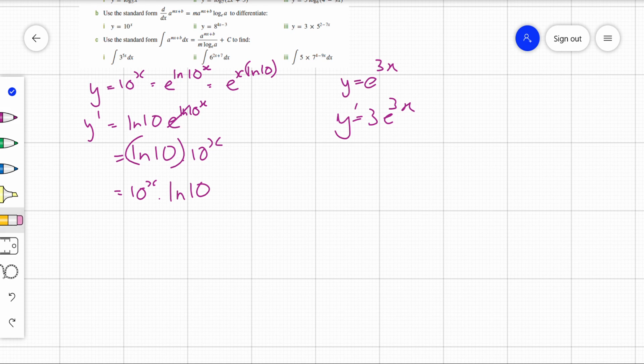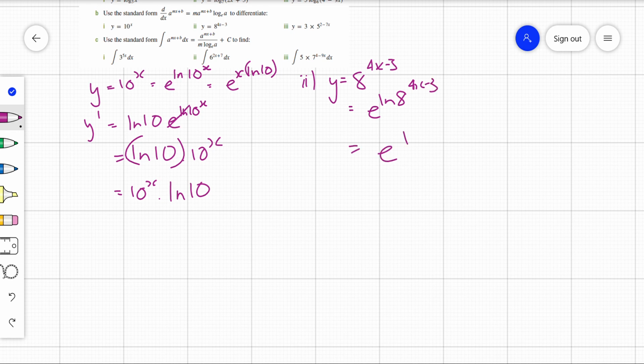All right, so looking at the second one, we've got y equals 8 to the 4x minus 3. I'm going to write that as e to the log 8 to the 4x minus 3, and that 4x minus 3 can come down the front.